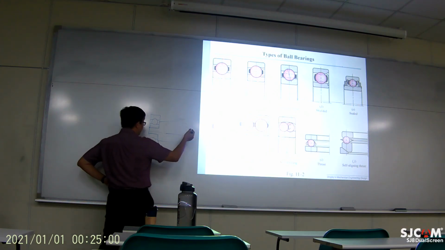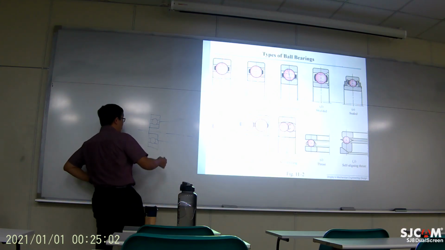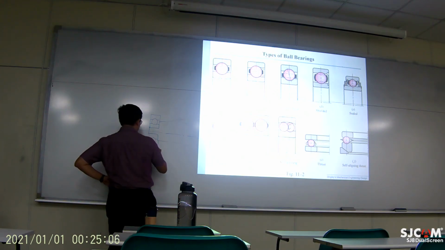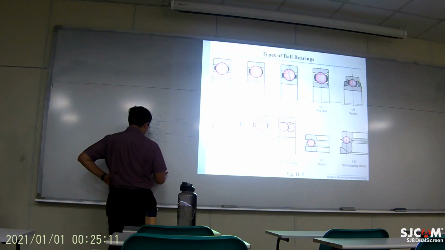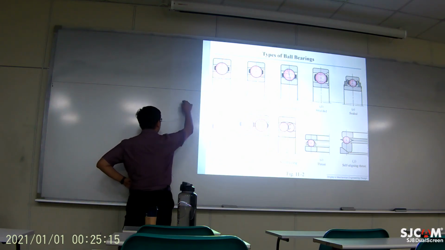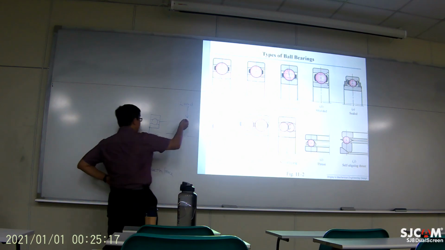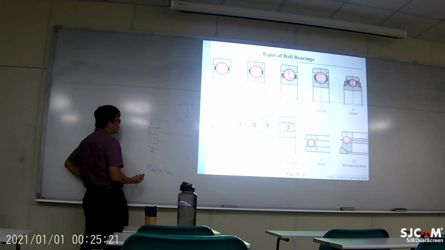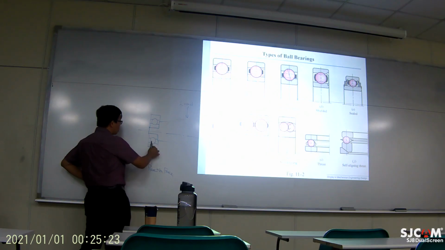And remember, when we do various kinds of analysis, we usually say, oh, there's a reaction force. And maybe it's carrying some load right here on the shaft. So for simple cases, usually the force comes from the side of the bearing.